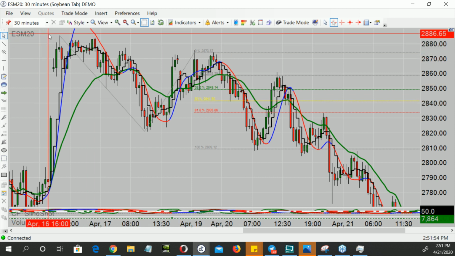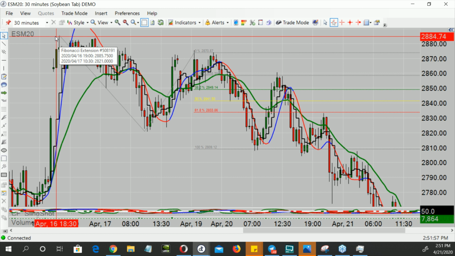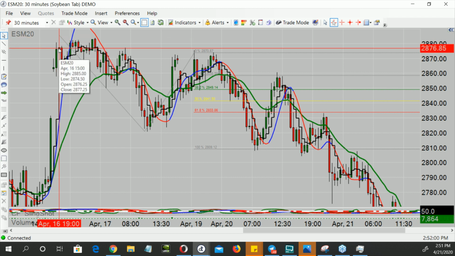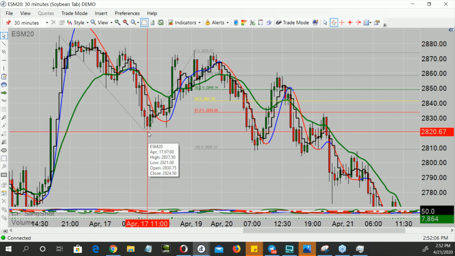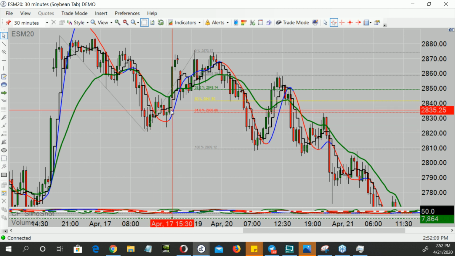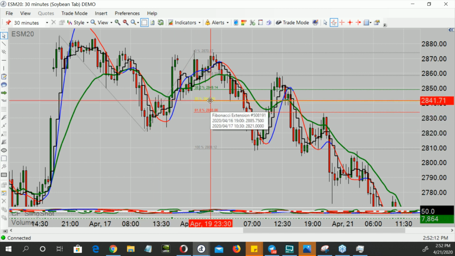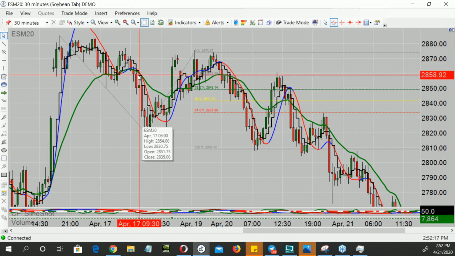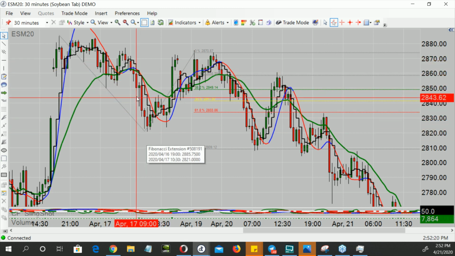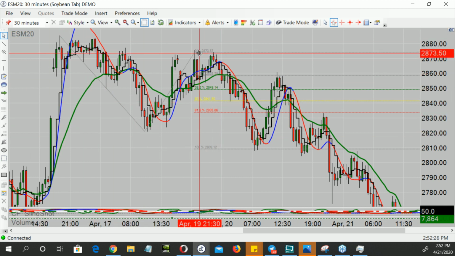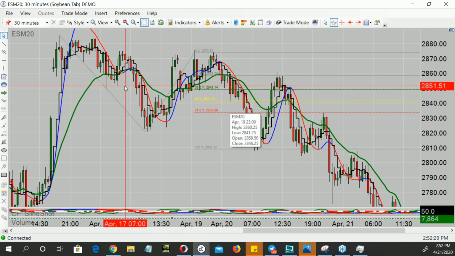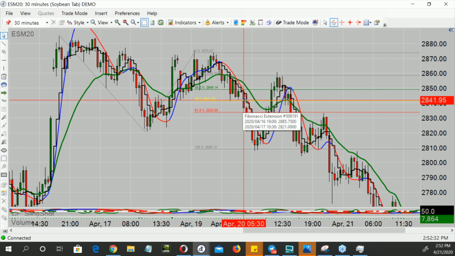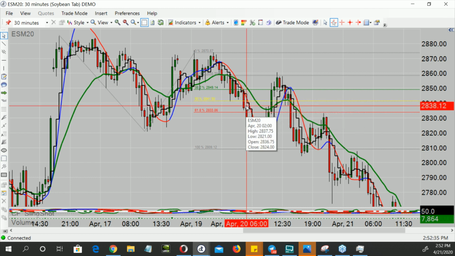The distance between this high, which was 28.85, and this low, which was 28.21, that price is exactly 50% of that distance. Now, it took quite a number of 30-minute candles to go from this price to this price. Over here, it didn't take nearly as long for it to go halfway. But then it plows on through the 50, 62.